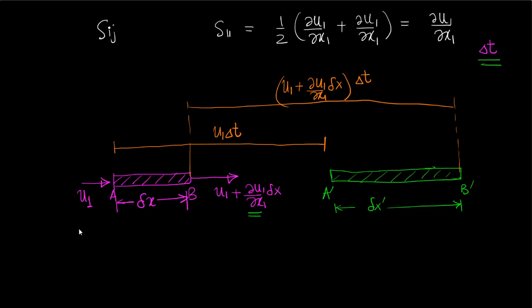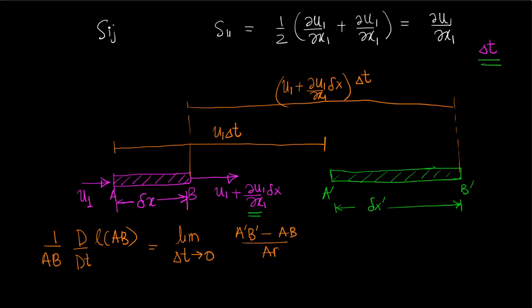So if I were to find out the rate of change of the length of the element, fluid element AB, I would write it as, in the Lagrangian coordinate system, rate of change of length AB, but I am more interested in the relative rate of change, so divided by length of AB. So this will be limit delta t goes to 0, A prime B prime minus AB upon AB.